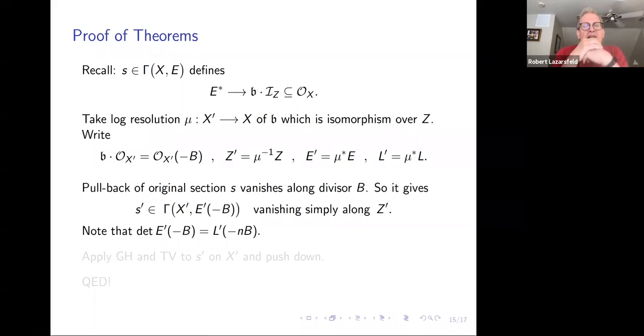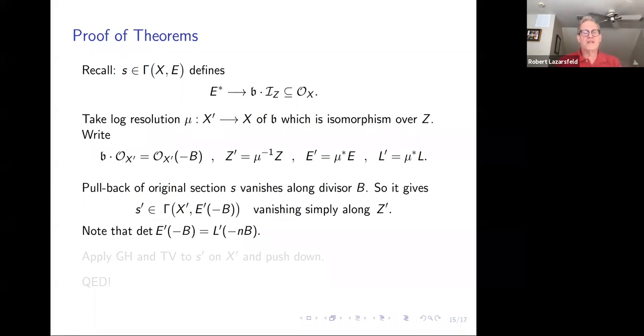Okay. Now, when we pull back this original section, the section originally cut out the ideal B, but when we pull it back, it's going to cut out this ideal sheaf O of minus B. So our original section vanishes along the divisor B, and so we can divide out by that divisor.